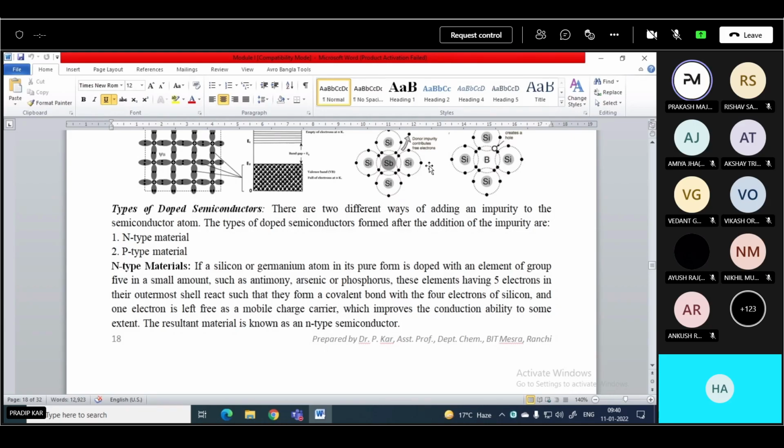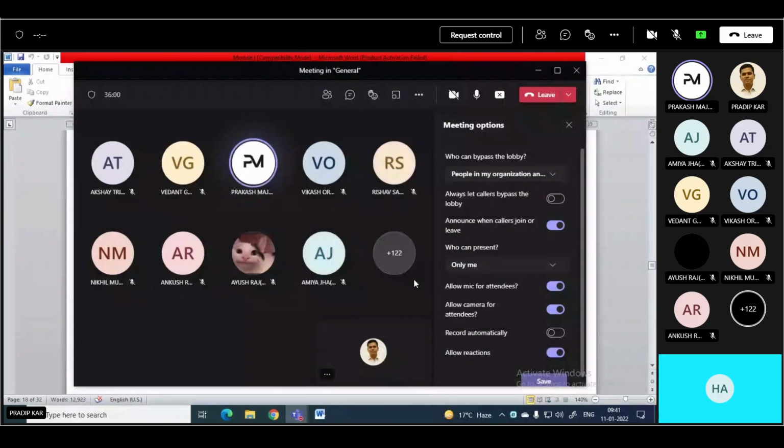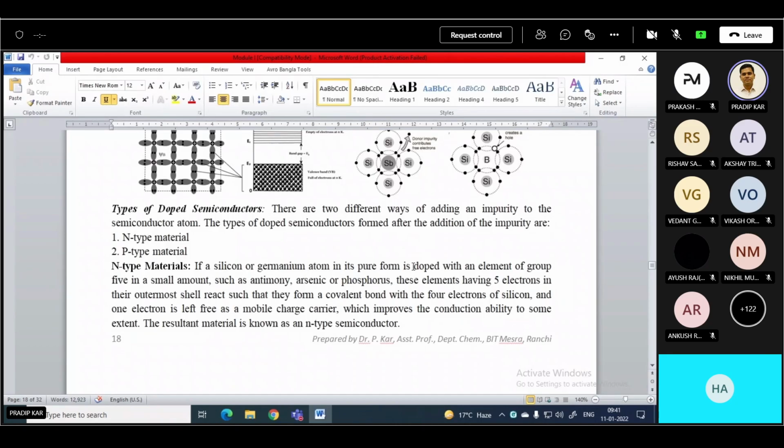One extra electron is donated and this is present as the impurity within the lattice. This is known as an N-type dopant.